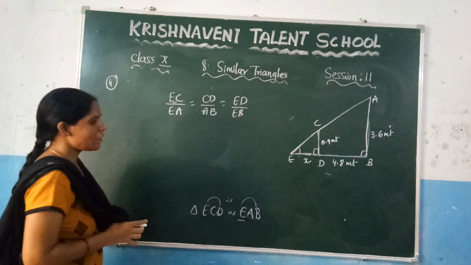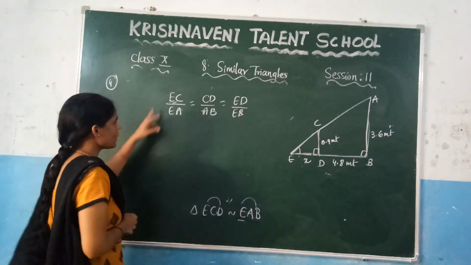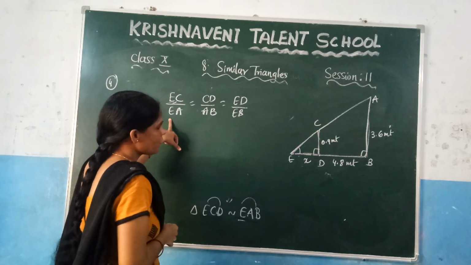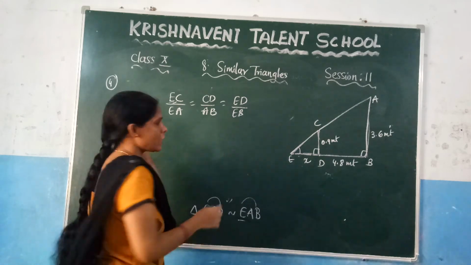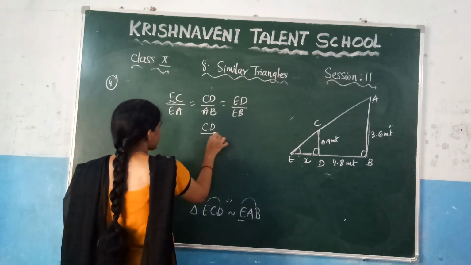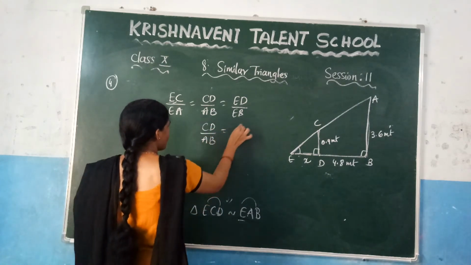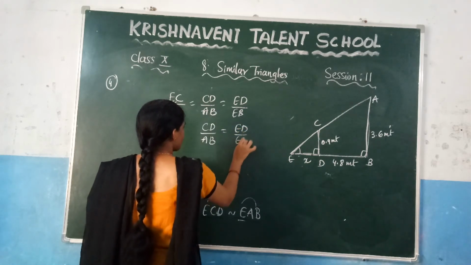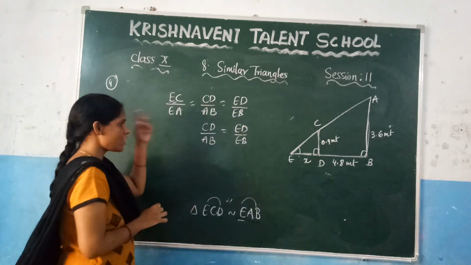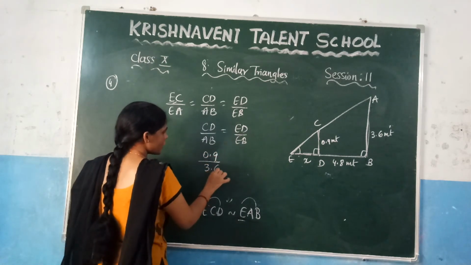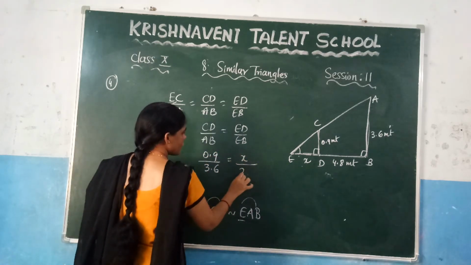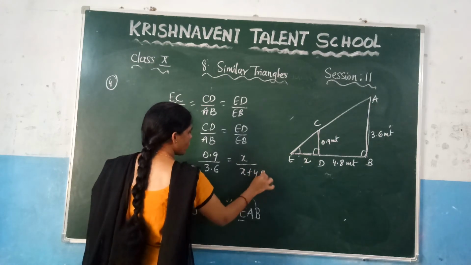Just write what are the values you know here. So you need to choose these two here so that you will get here CD by AB is equal to ED by EB. This is 0.9 and after that 3.6. Here this is x and here it is x plus 4.8.